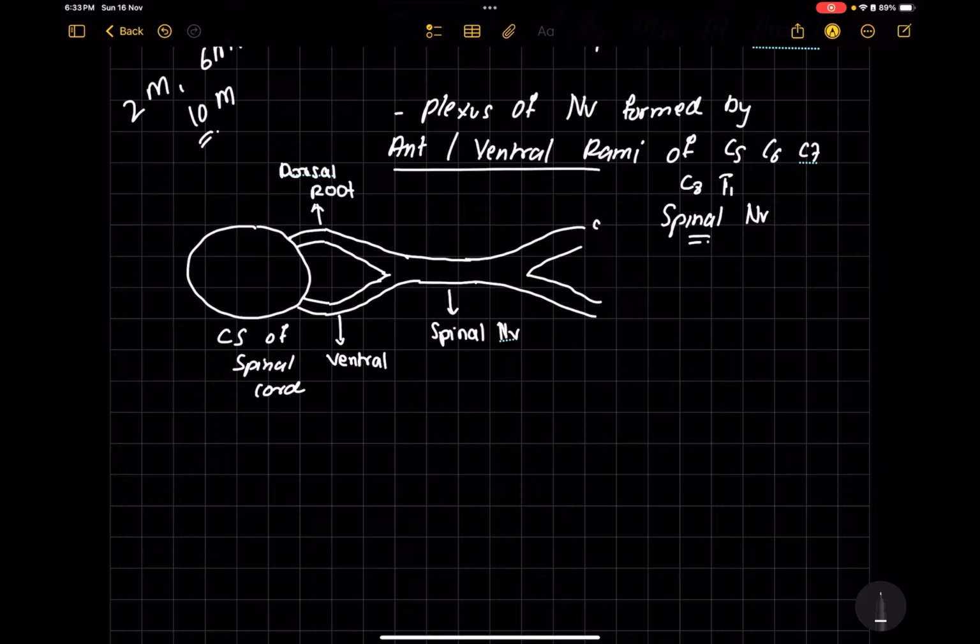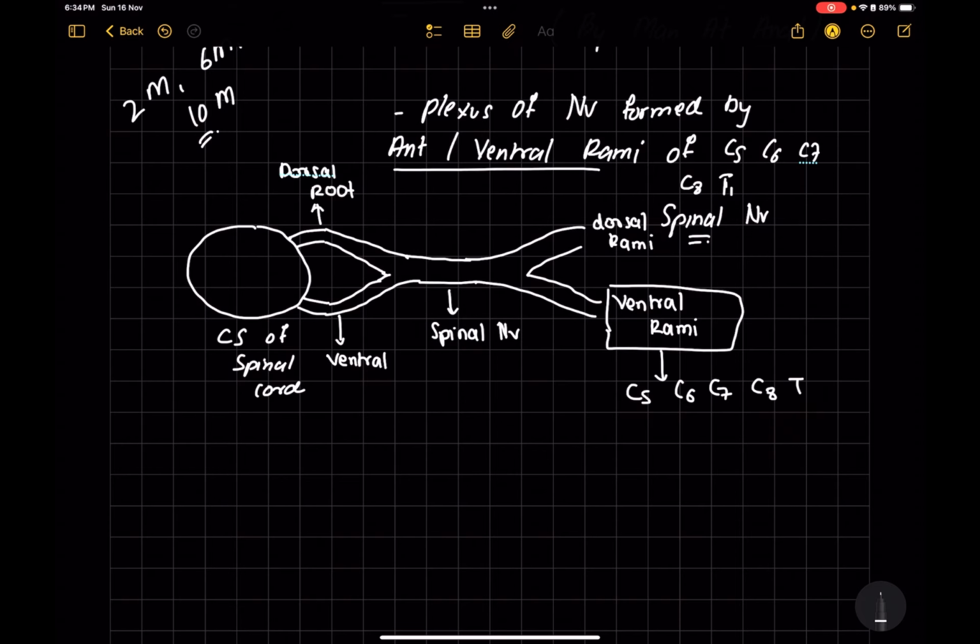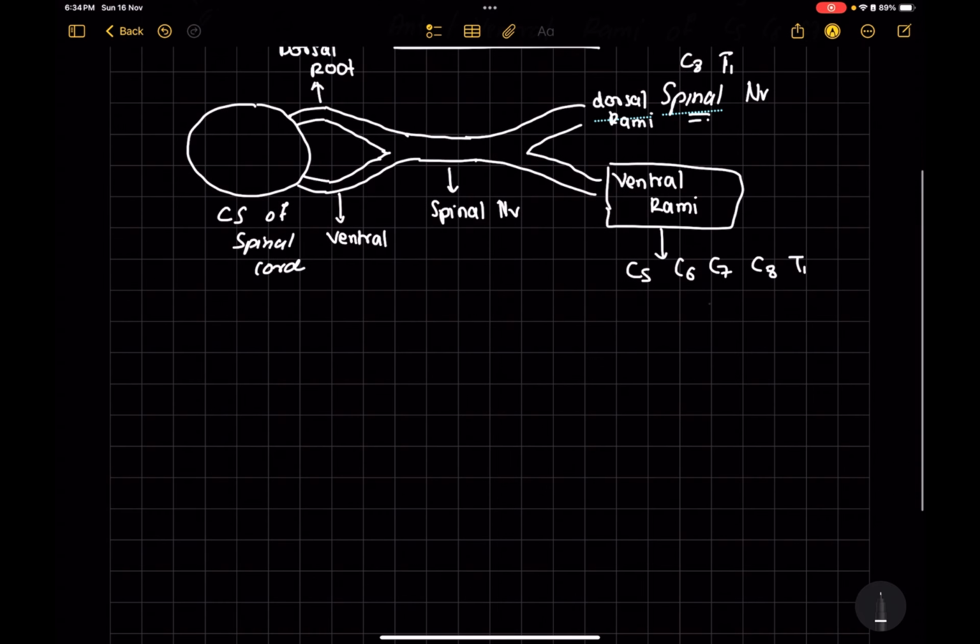This will be your dorsal rami and this will be your ventral rami. So the ventral rami of the spinal nerves of C5, C6, C7, C8 and T1 make up your brachial plexus. Clear with this?